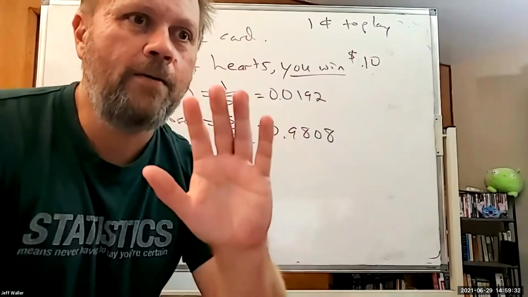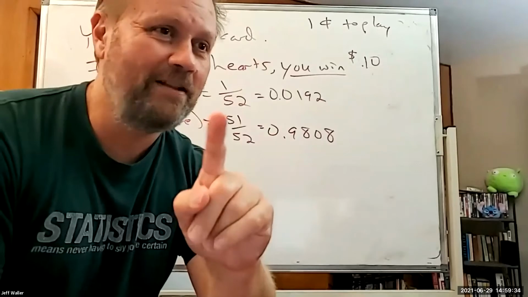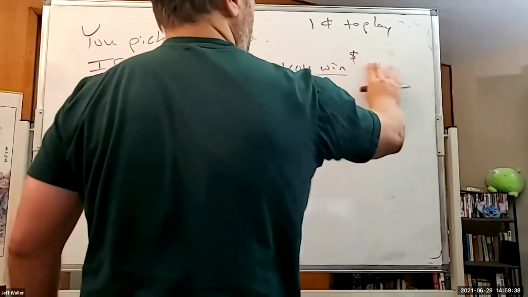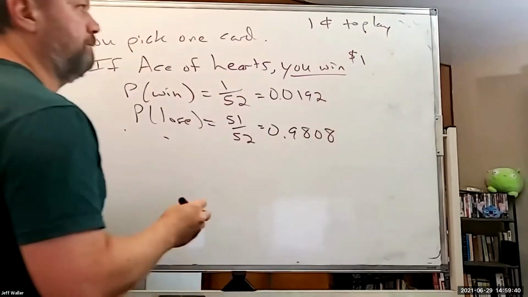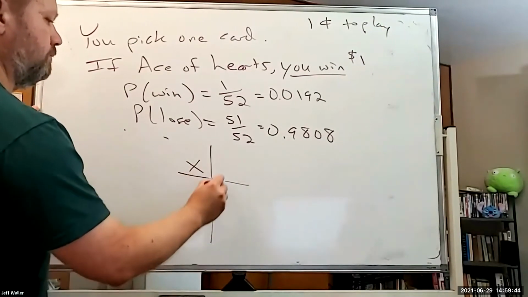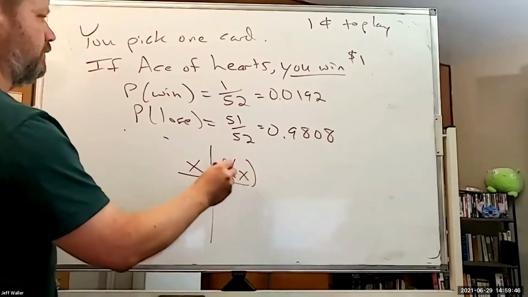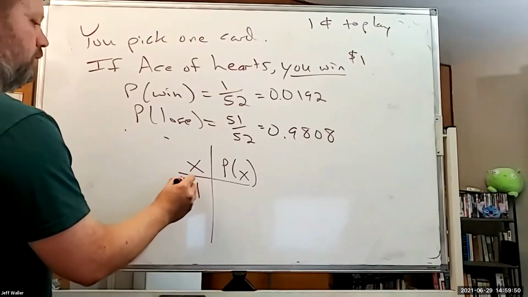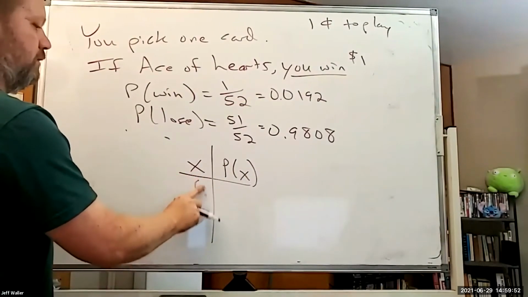All right. So I love it. Let's make this $1, right? So if I make a little table, if I win, I get $1, right? And actually, let's be careful.